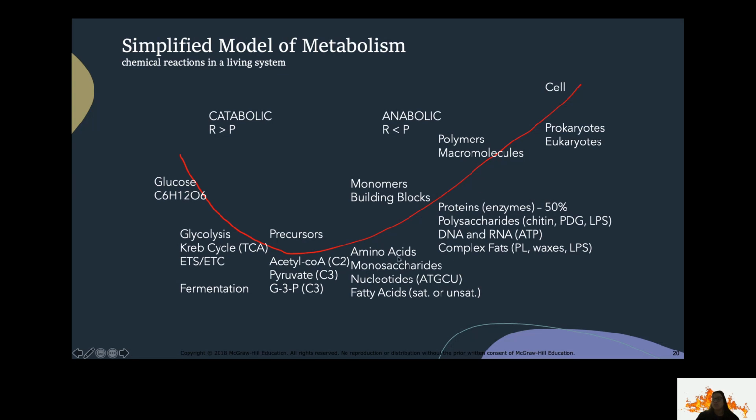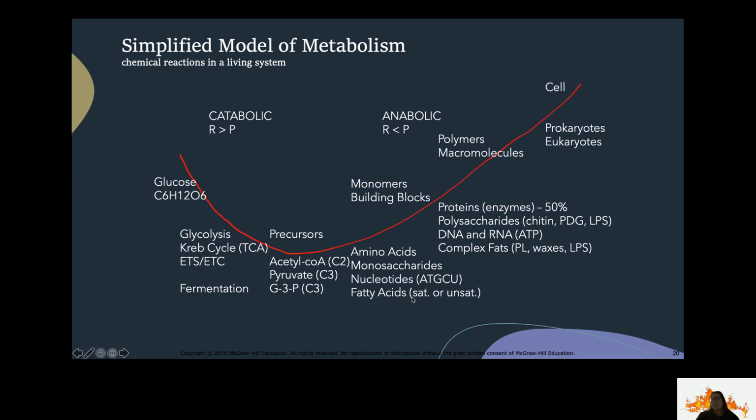Monosaccharides or simple sugars become polysaccharides. So some examples in microbes include chitin or even the peptidoglycan or lipopolysaccharides. Nucleotides like adenine, thymine, guanine, cytosine, and uracil become the molecules of DNA or RNA.